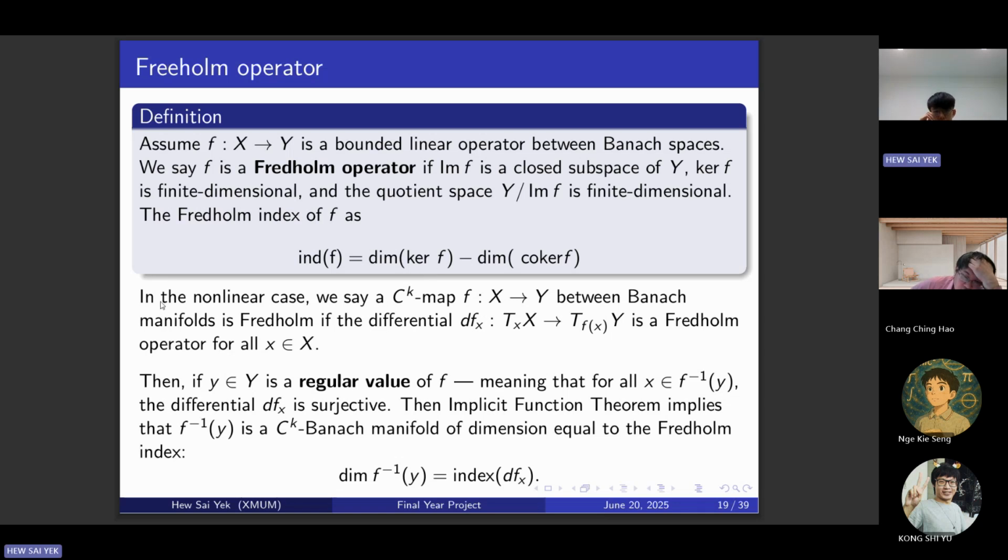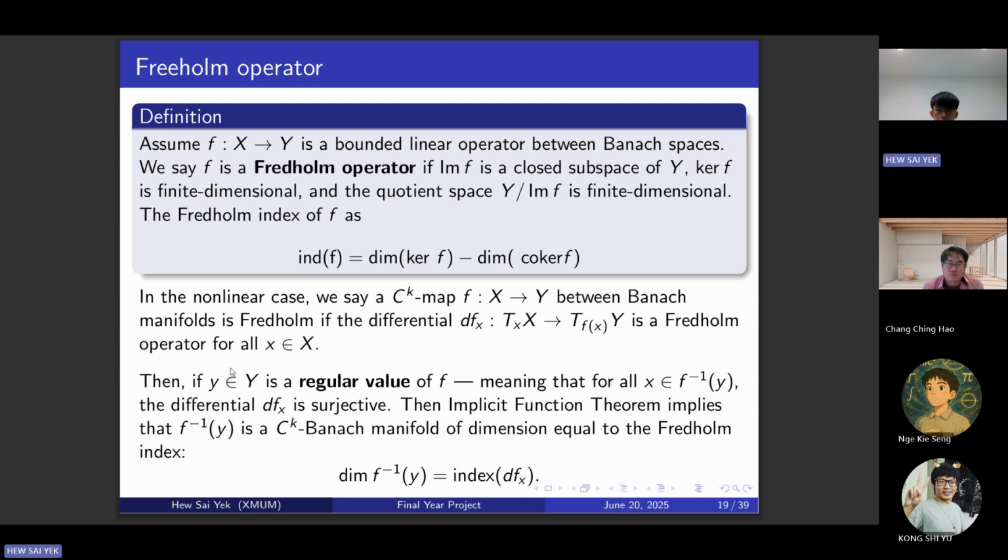In the nonlinear case, we say a map is Fredholm if its differential is Fredholm for all x in X. And we say y in Y is a regular value if for every x in the preimage of y, the differential map is surjective.